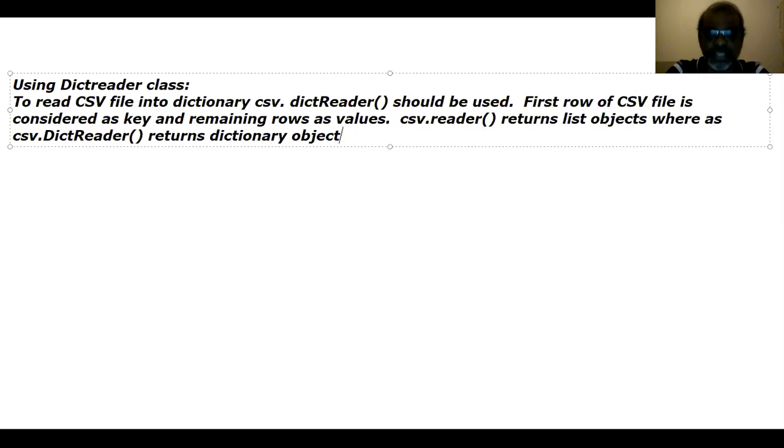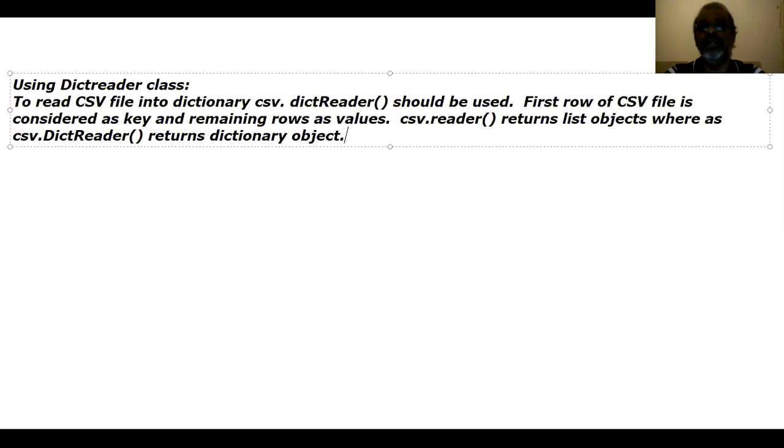So simply we can say if your CSV file does not have heading row, that means name, age, like this title row, better you go for reader way, first method. Because all are values, these values will be stored as only elements into the list. That's okay.